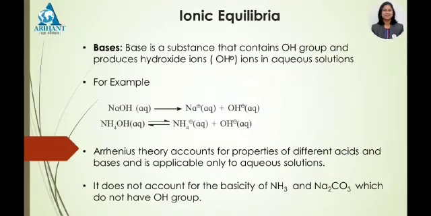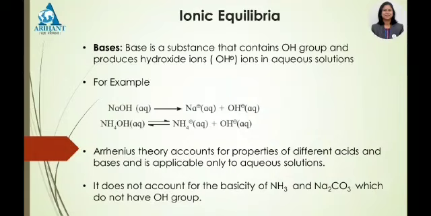Bases. A base is a substance that contains an OH group and produces hydroxide ions, OH minus ions, in aqueous solutions. For example, NaOH aqueous gives you Na plus ions plus OH minus ions.